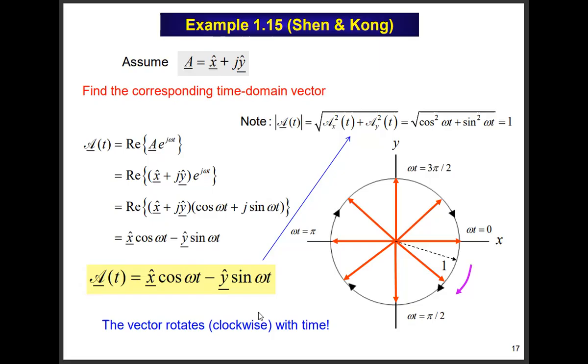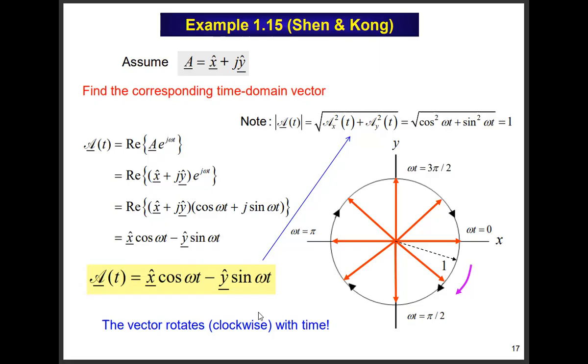Theta is equal to minus omega t, right? Or if you like, you could say the derivative of theta with respect to time is equal to minus omega. And then it makes it more obvious that it's rotating at a constant angular velocity of omega, but there's a negative sign there, so that means it's going clockwise. That make sense? Okay, so it turns out it's rotating on the circle clockwise at a constant speed.